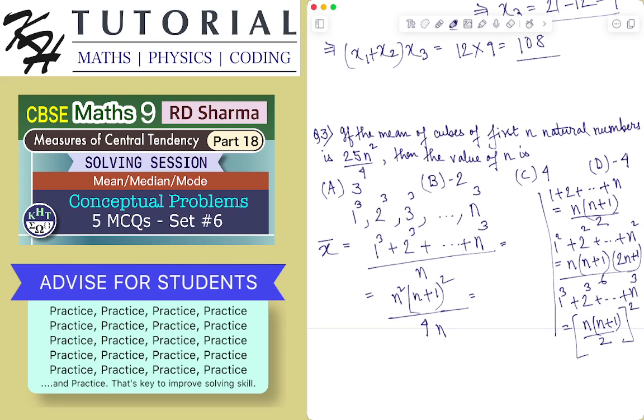I think I made a mistake in the problem. It is given that the mean of the cubes of first n natural numbers is 25n square by 4. I think it should be 25n by 4. I'm sorry for this, 25n by 4.